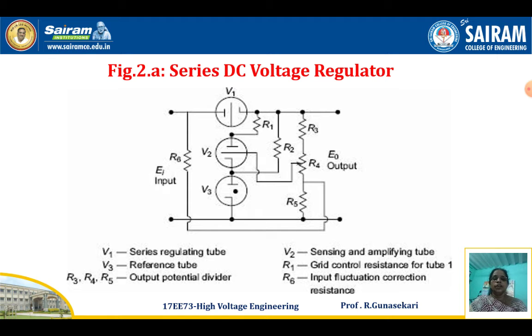R6 is the input fluctuation correction resistance. E0 is the output, EA is the input. So the circuit consists of V1, V2, V3, three tubes, and then resistances R1, R2, R3, R4, R5, R6.